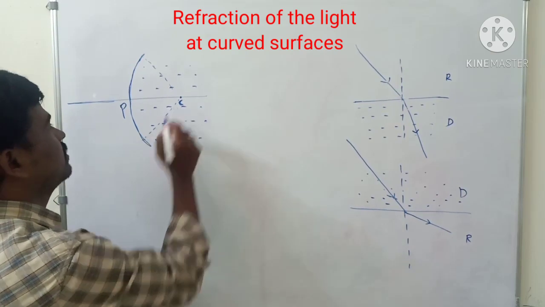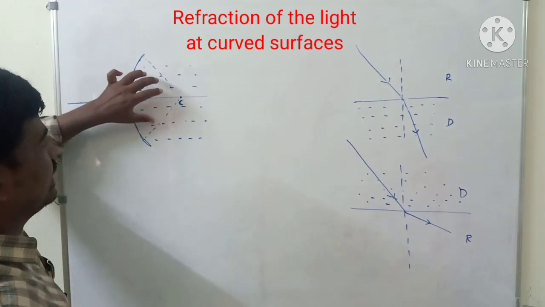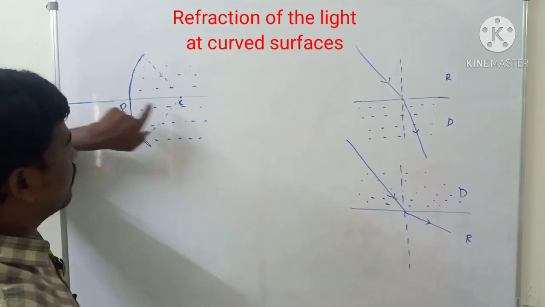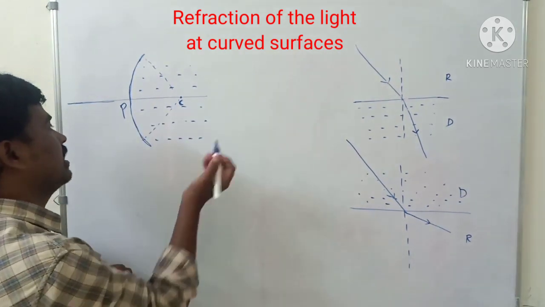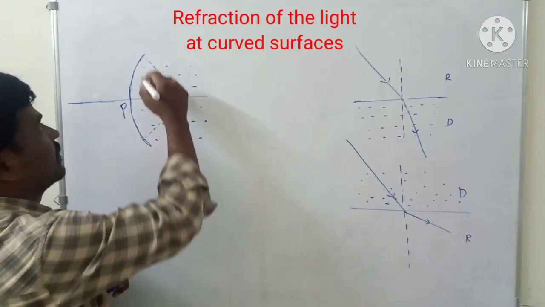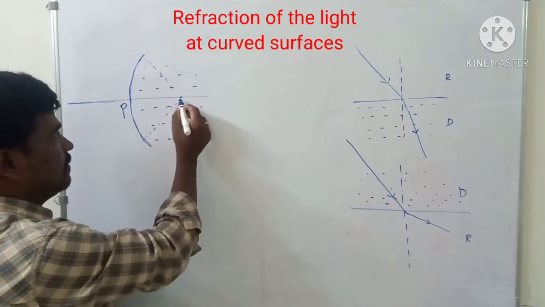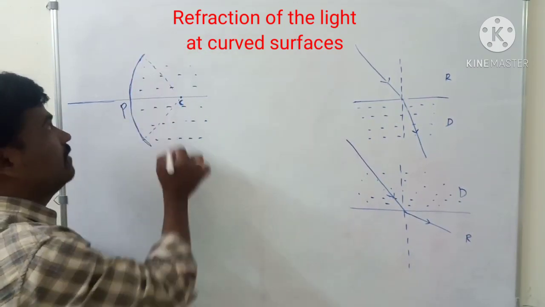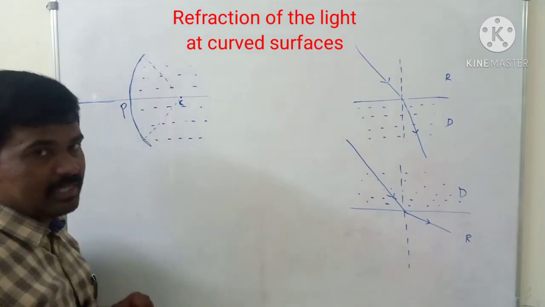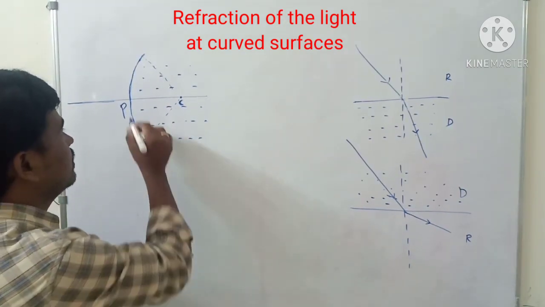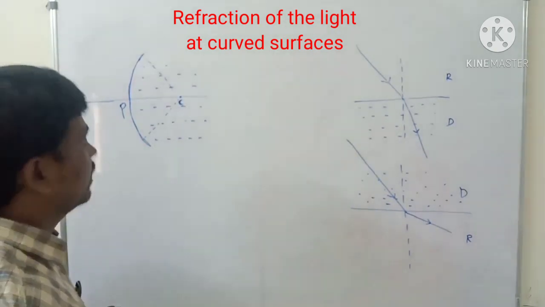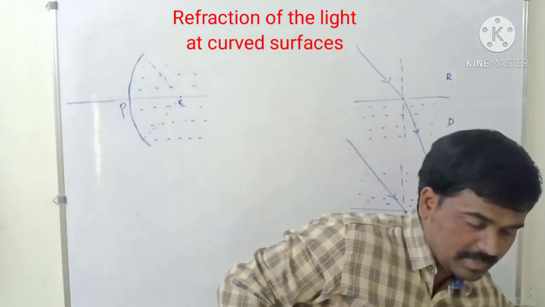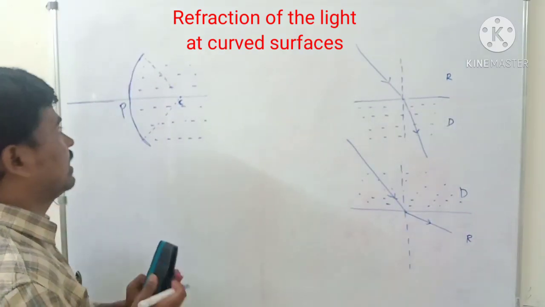Otherwise, simply, the center point of the sphere in which the curved surface lies is called the center of curvature. Okay, so let us understand what happens at the curved surface.